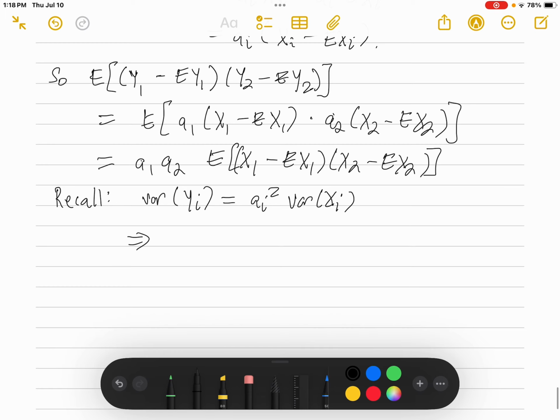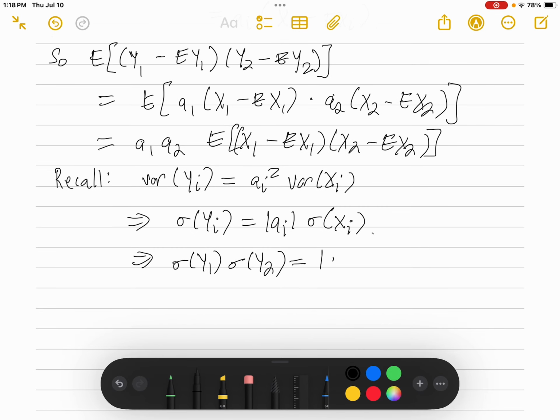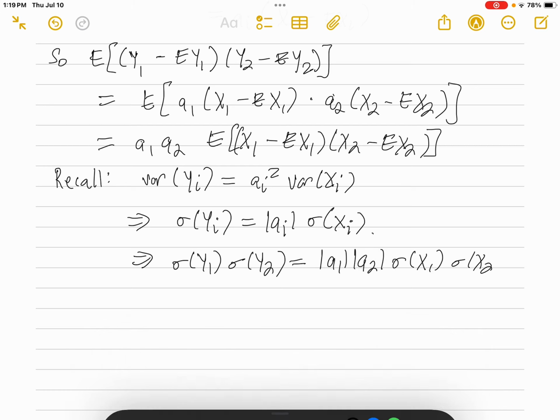And so when we take the square root of both sides, we get that the standard deviation of yi is equal to the absolute value of ai times the standard deviation of xi. And so therefore, the standard deviation of y1 times the standard deviation of y2 is equal to the absolute value of a1 times the absolute value of a2 times the standard deviation of x1 times the standard deviation of x2.